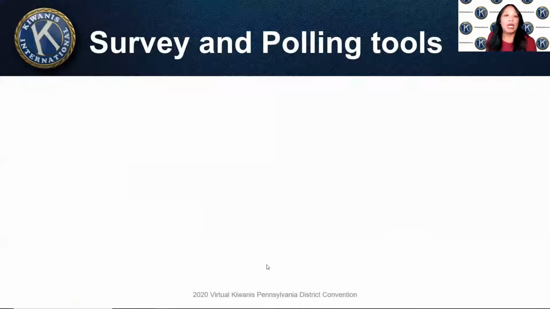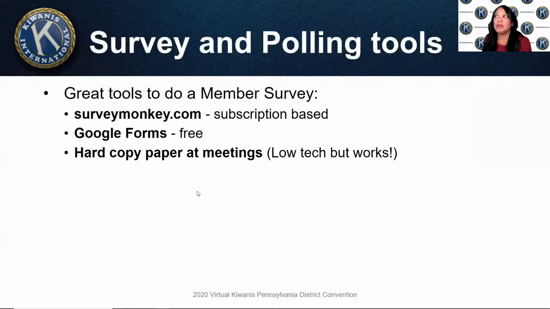So other technology tools to be used at your club to make it efficient. Tiffany mentioned the member survey. We urge you, we also talked about this during the Club Fixer Upper Monday forum, to utilize a member survey using surveymonkey.com, subscription based, but you can do some free surveys.